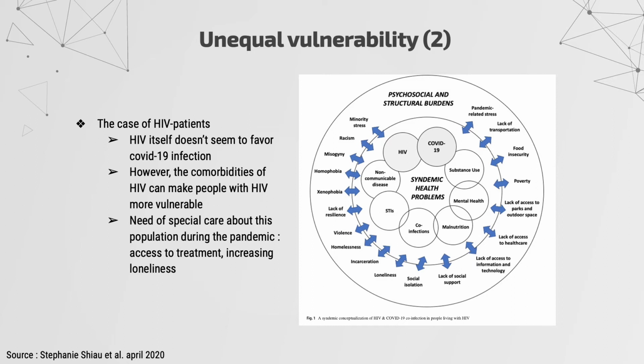However, because HIV comes with several comorbidities, those people could be more vulnerable. So we should give them special care, above all concerning the access to treatment, but also concerning other issues such as mental health issues, because people with HIV tend to be more lonely than others, and the pandemic could increase these. So we should take care about this population.